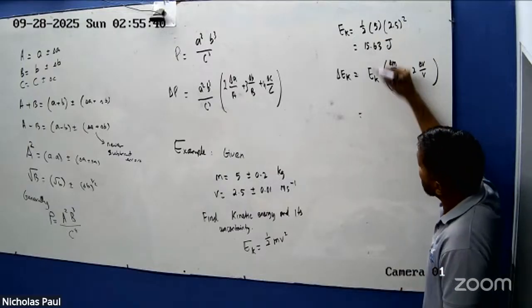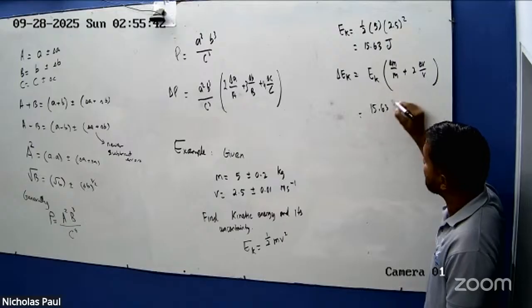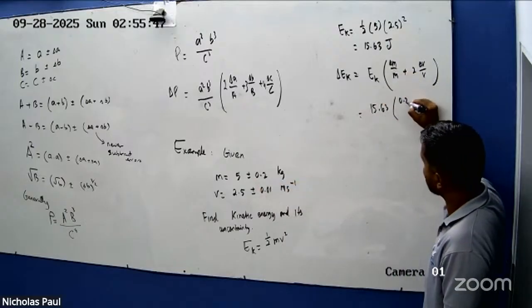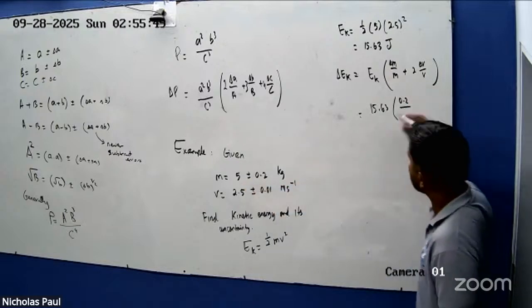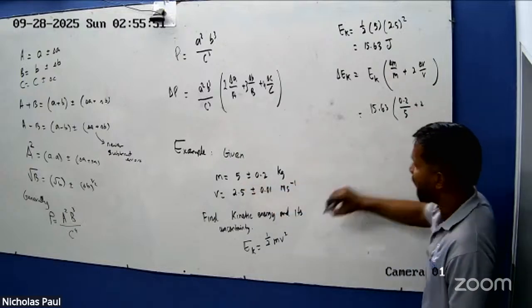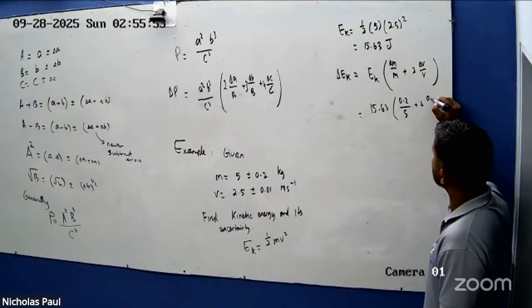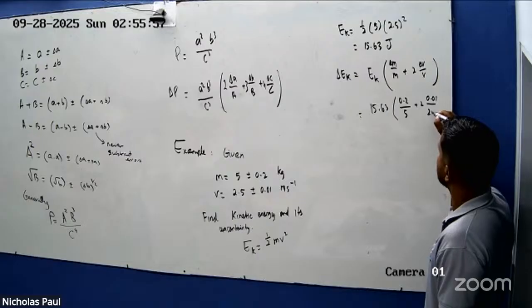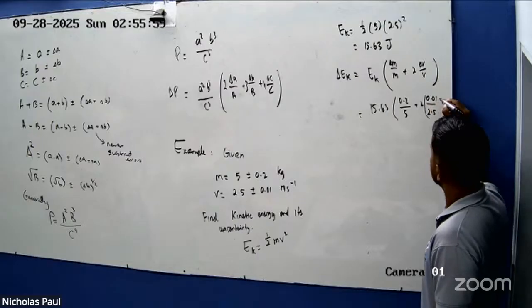The kinetic energy we worked out already: 15.63. The error in m is 0.2, and m is 5. The error in v is 0.01, and v is 2.5.